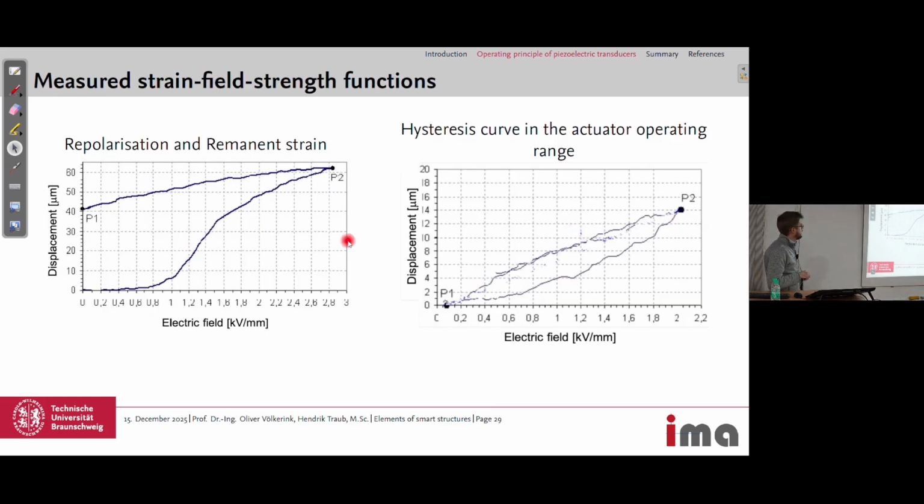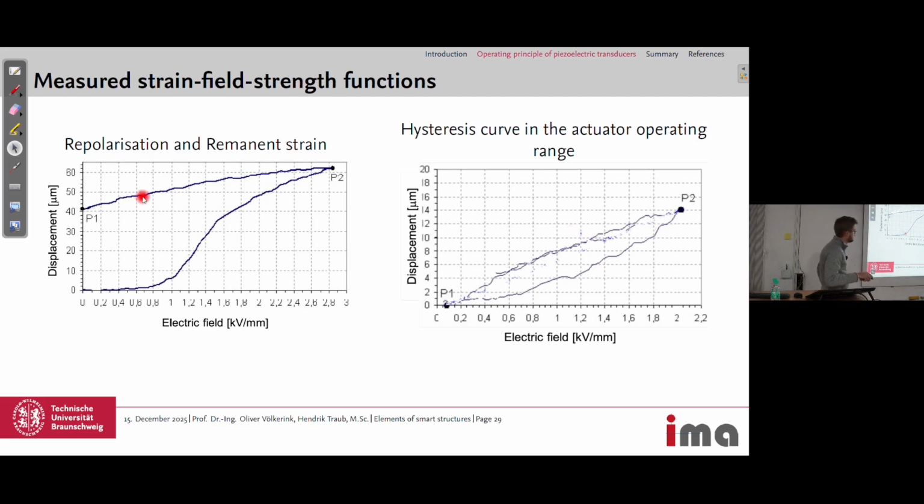These are some real measured butterfly curves and hysteresis to have some numbers. So here we have the electric field in kilovolts per millimeter and the displacement also in millimeter. And we are going up here up to 0.2, where we have 2.8 kilovolt per millimeter and an elongation of around 60 millimeters. And then if we remove the field again, we have still 40 millimeters. So this would be the remanent displacement.